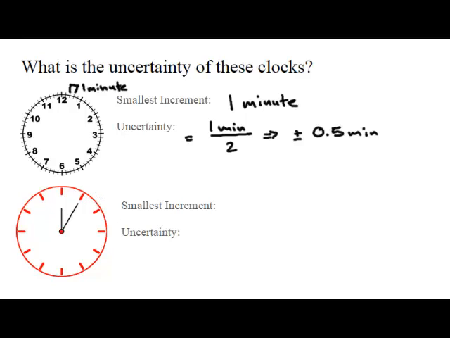This clock's a little different because there's no tick marks between this large hash mark and the next one, so the smallest increment on this device is 1 hour. So the uncertainty is 1 hour divided by 2. So therefore, to indicate that this is an uncertainty, I'm going to write plus or minus 0.5 hours.